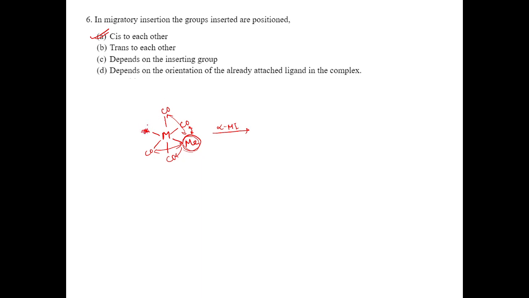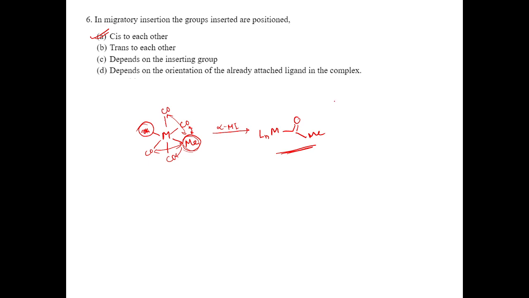So if the carbonyl group is present there, it cannot go there and do the migratory insertion. But all the other positions are favored for the migratory insertion. So eventually it can do this type of reaction.